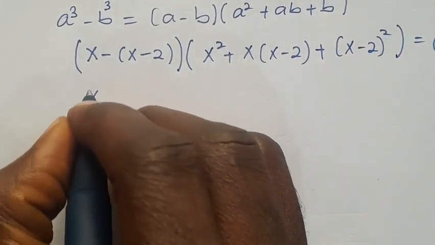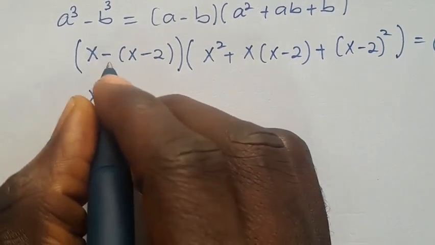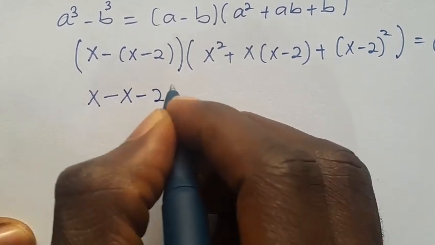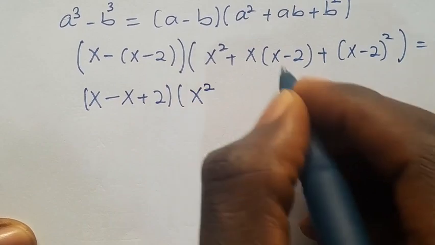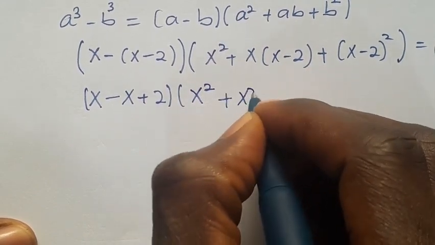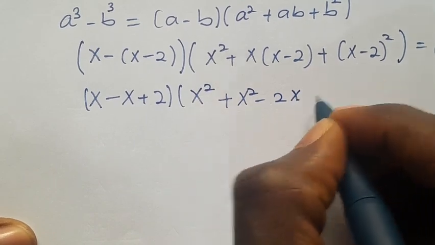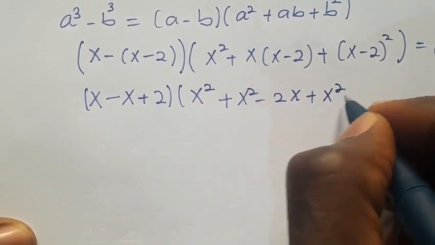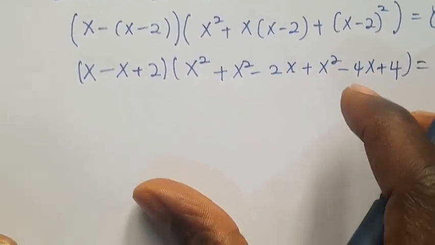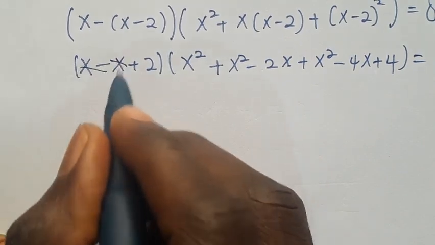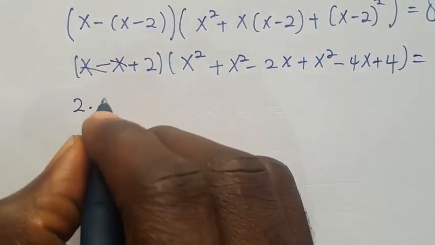So from here we have x, here will also be minus x minus 2, a plus 2, sorry. Then here will be x squared, multiply this will be x squared minus 2x. Here will be x squared minus 4x plus 4 equals 0. So this we cancel, so we have 2 outside.